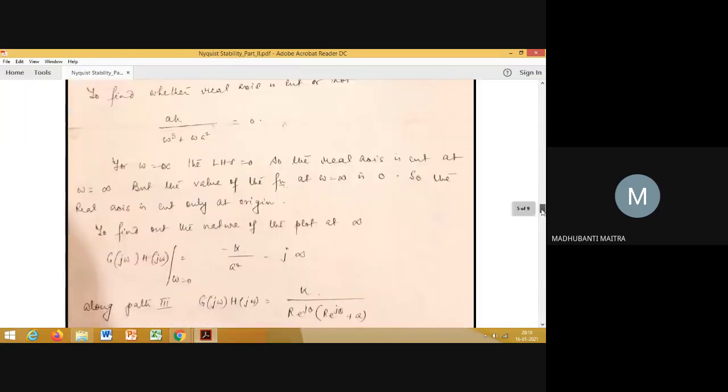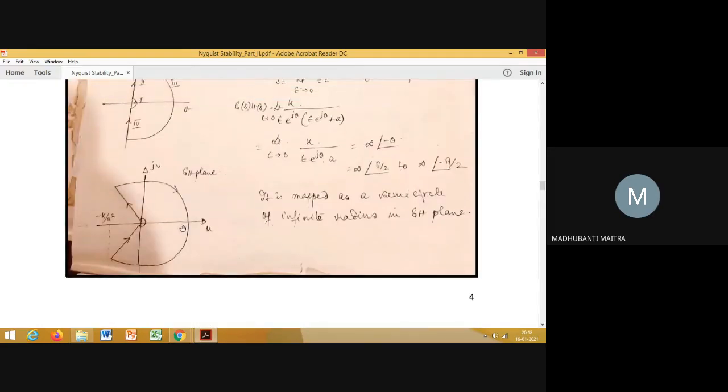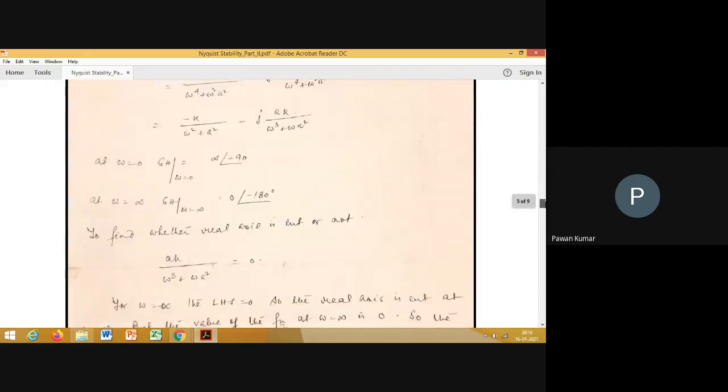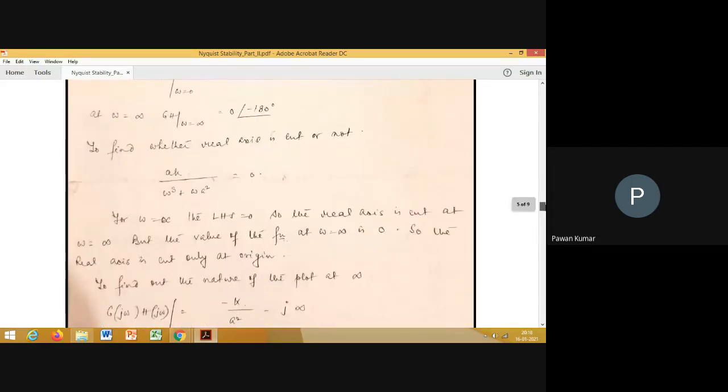It was that type 1 system. As I said, the net change in angle in this case was, I guess, 360 degrees, isn't it? Has to be 360 degrees, right?